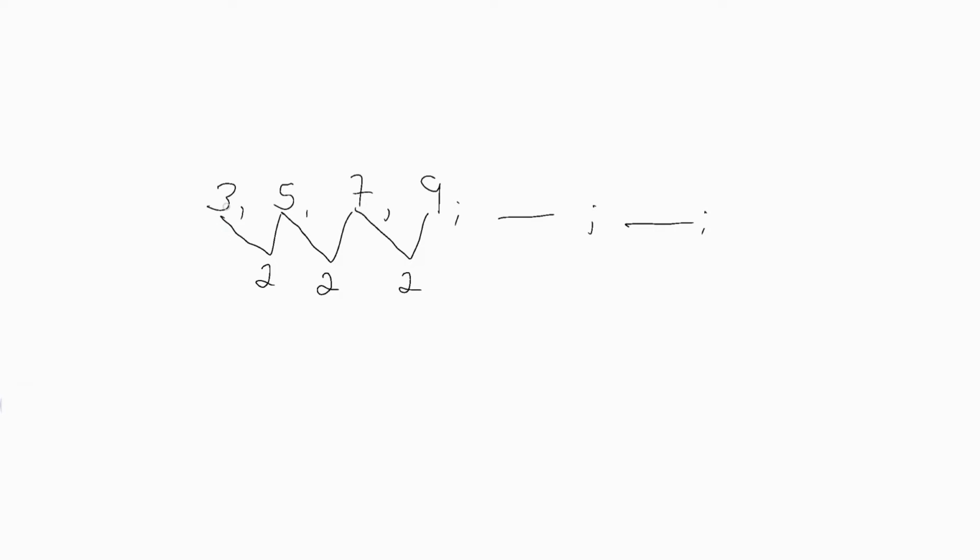So one thing we know is that from term number 1 to term number 2, we add the common difference. So that means also from term number 4, which is 9, to the next term, we also have to add a 2. So what is 9 plus 2? That is 11.